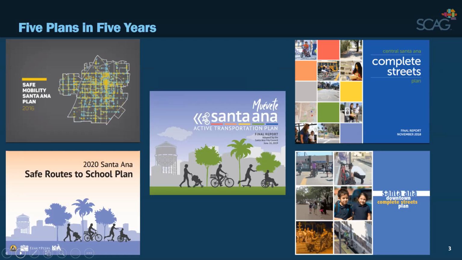We did one for the downtown that was adopted in 2015. And then we did one for Central Santa Ana, which is kind of the densest part of the city, in 2018. So a lot of planning efforts, a lot of planning work, and that is significantly what led to a lot of the ATP funding that we were able to secure over the years.